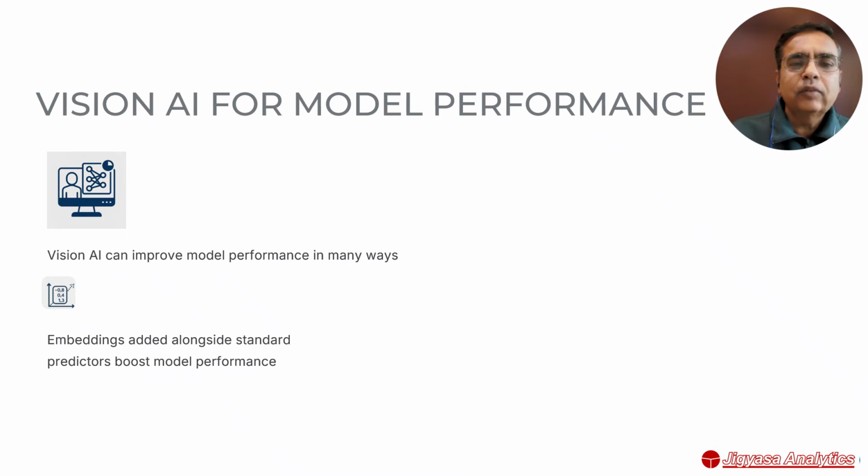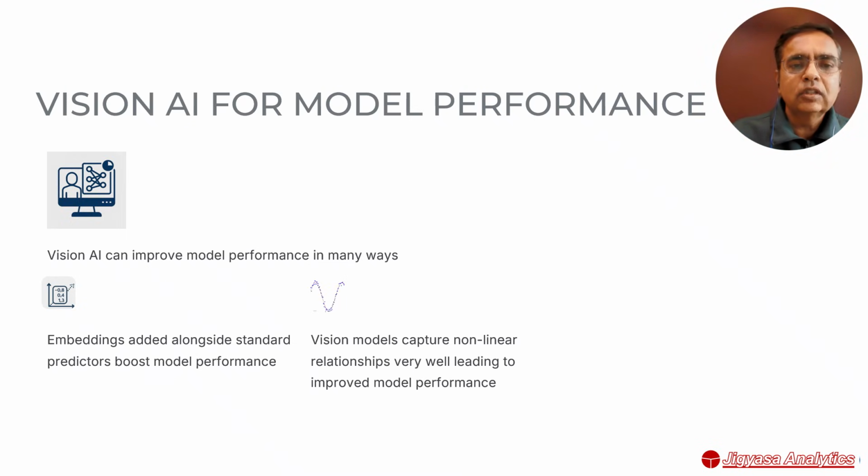Again, the embeddings from Vision AI can help boost traditional machine learning models. Vision models are very good at capturing intricate non-linear relationships, and because of that they do a very good job of extrapolating and figuring out what the nonlinear relationships are between two predictors, and helps the model's performance in a big way.